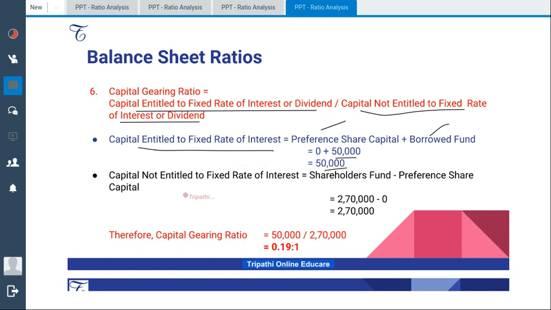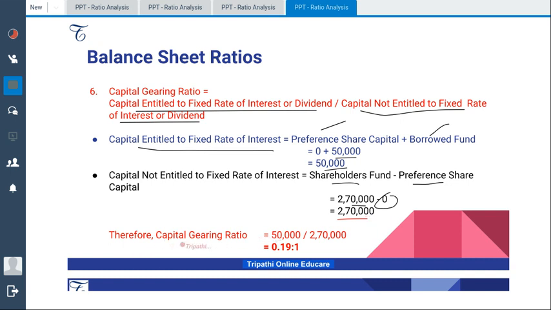Wherein capital not entitled to fixed rate of interest or dividend, in that we can take shareholders fund minus preferential capital. So our shareholders fund is 2,70,000, preferential capital is 0, right? So we can say capital not entitled for fixed rate of interest or dividend is 2,70,000.